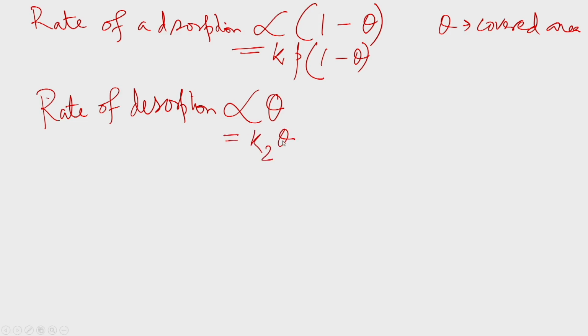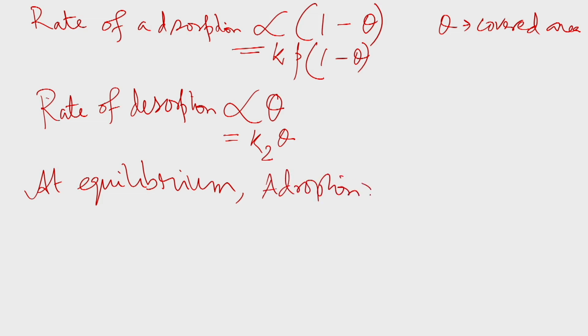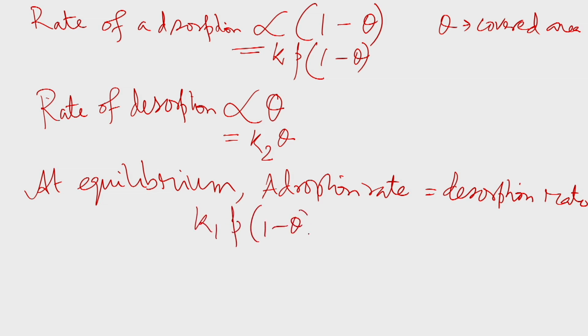Okay. So at equilibrium, the rate of adsorption will be equal to the desorption rate. That is the definition of adsorption equilibrium. Then K1 into P into (1 minus theta) is equal to K2 into theta.